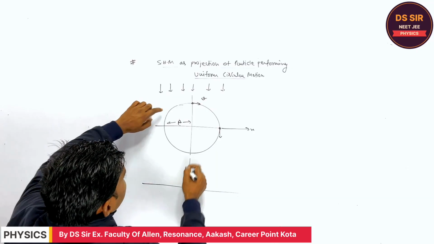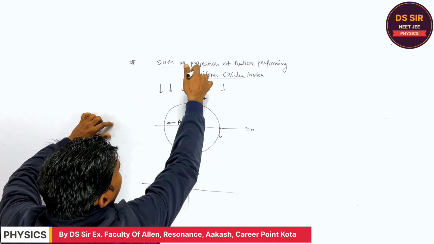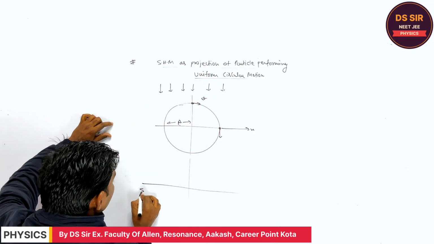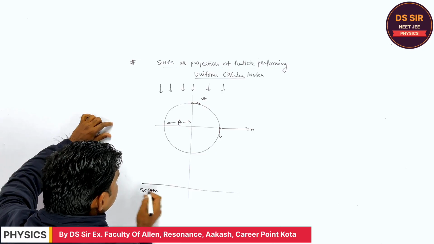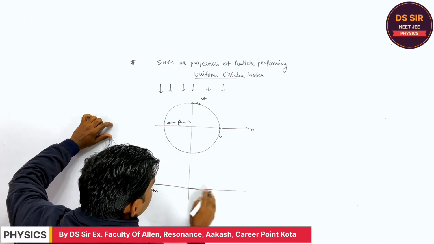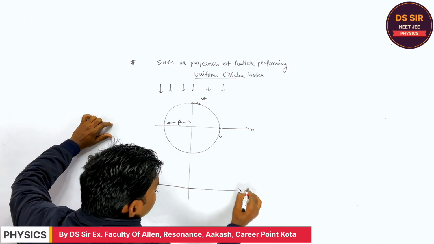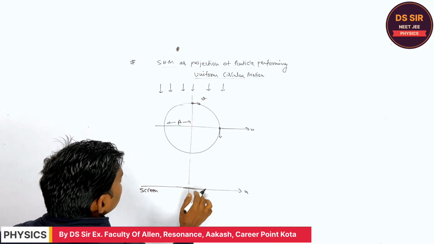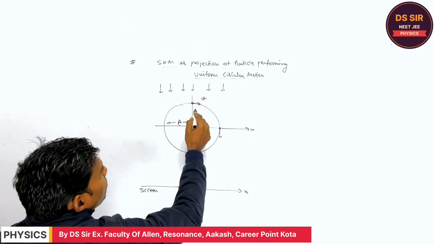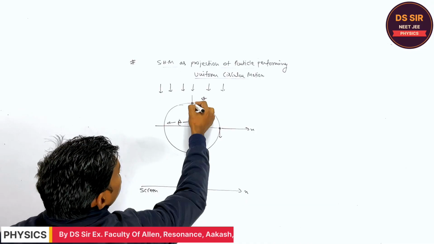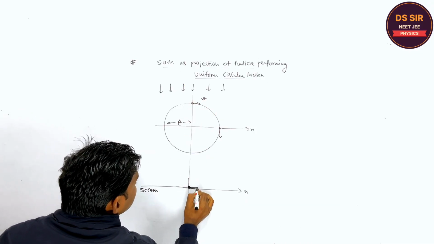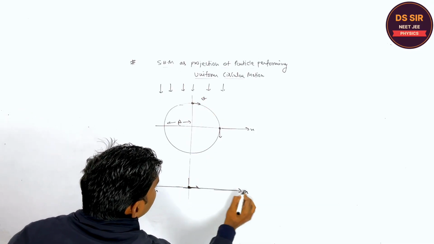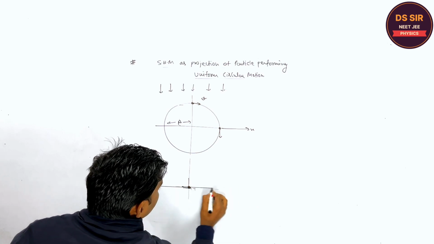All right, so listen one thing, when the particle is at this point and you incident the light, you can assume this is the screen which is equal to the x-axis, right? The screen is placed on the x-axis, you can assume. So when at t is equal to 0, if the particle starts from here, its projection will be moving in this direction or not, you tell, right?